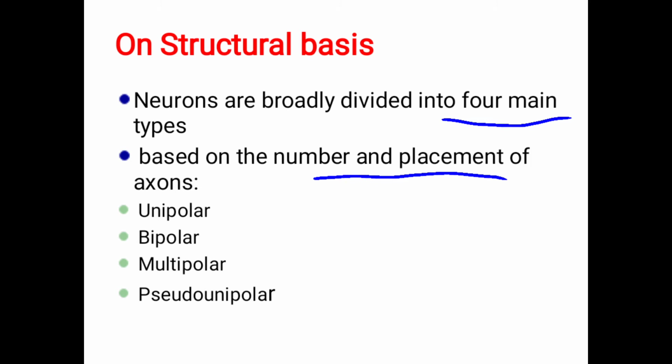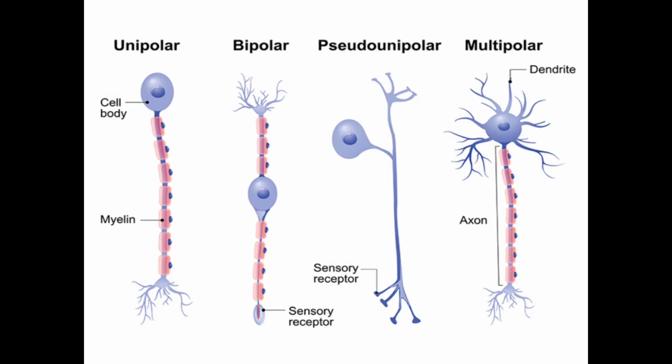The structural basis means the number of axons and the placement of axon, as well as the placement of the cell body. Based on this, we can classify the neurons into four. They are unipolar neuron, bipolar neuron, multipolar neuron and pseudo-unipolar neuron.